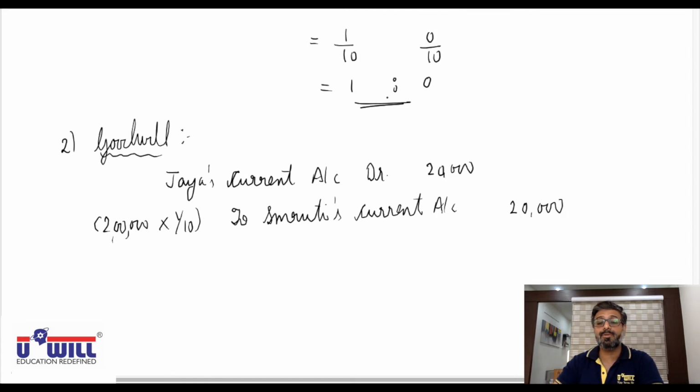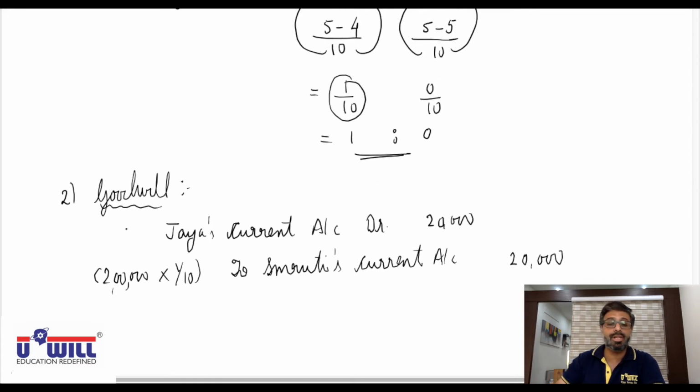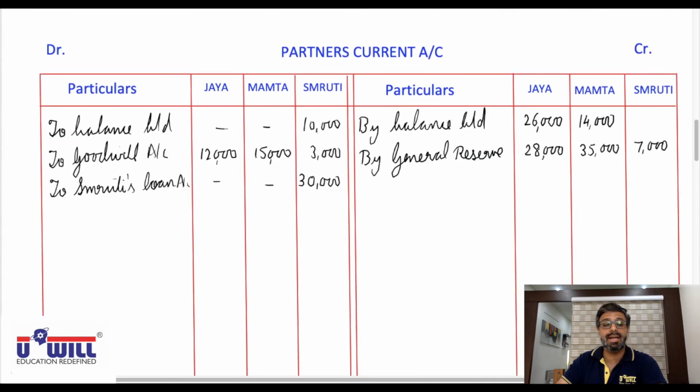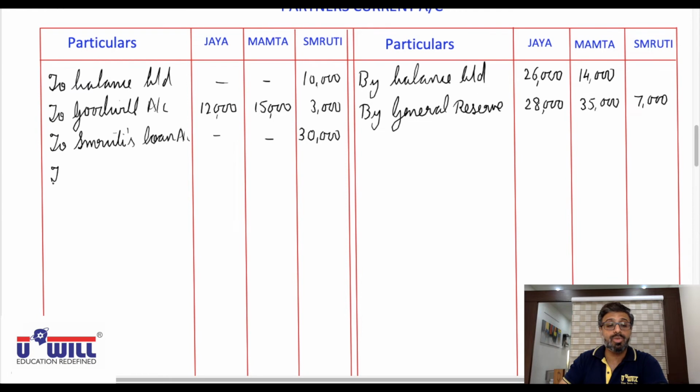Even if you find it by the gain share 1/10, again you will get the same amount, 2 lakh into 1/10, 20,000. Since only one partner is gaining, the entire 20,000 payable to Smriti will be borne by Jaya. Now Jaya's current account debit, so in partners' current account we'll write it on debit side, opposite account to Smriti's current account.